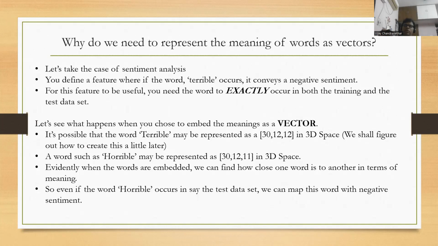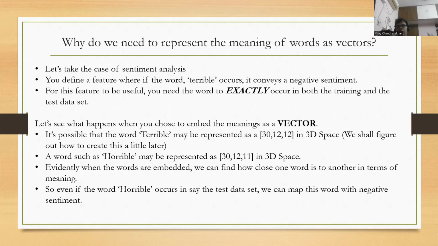Okay, so let's take the case of sentiment analysis. நம்ம என்ன பண்றோம்னா, we have data and then we are trying to figure out what sentiment it conveys. We look at words, and depending upon the word we say it conveys a positive sentiment or a negative sentiment.